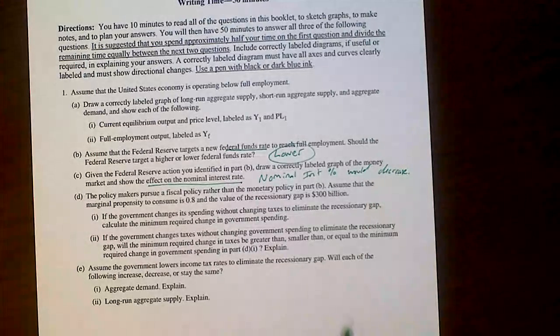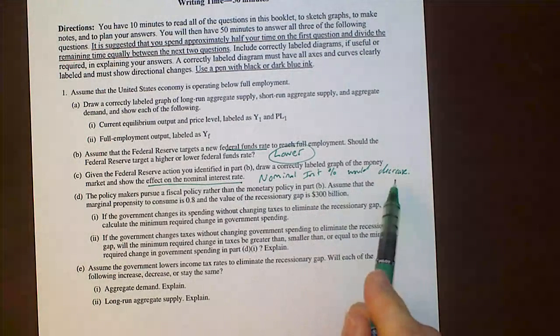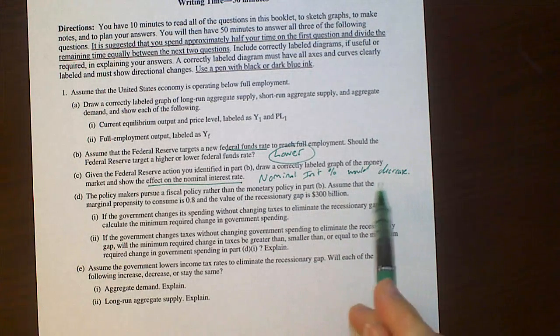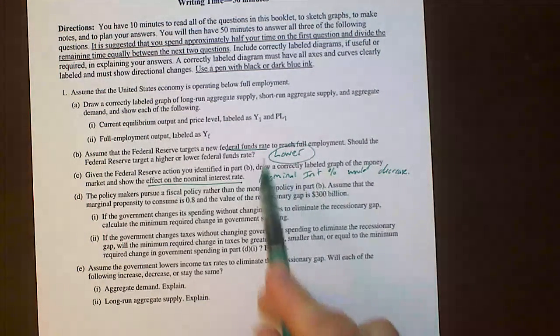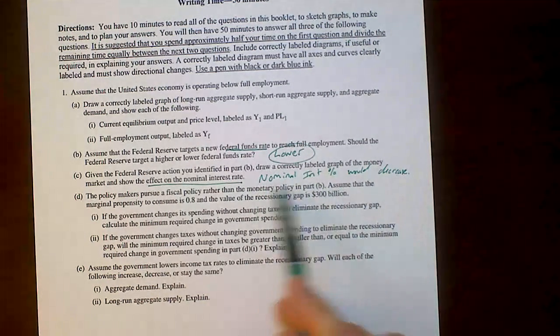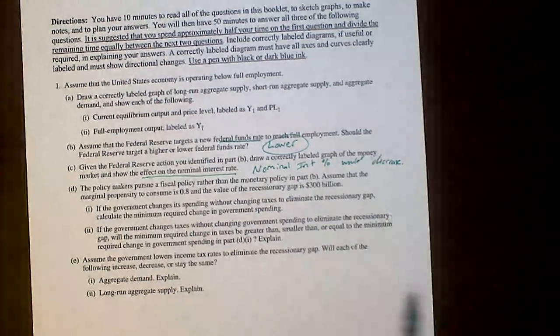And in 2015, when this question was given, students did not need to write that line. Instead, the graph just showed that happening. But I think this year we're more likely to see a question where you're not drawing the graph, but you're still writing this as you're explaining what happens to nominal interest rates, given the Federal Reserve targeting a new lower federal funds rate. All right, moving on.